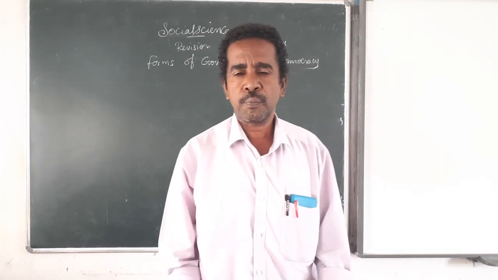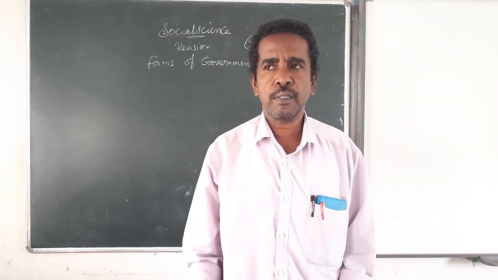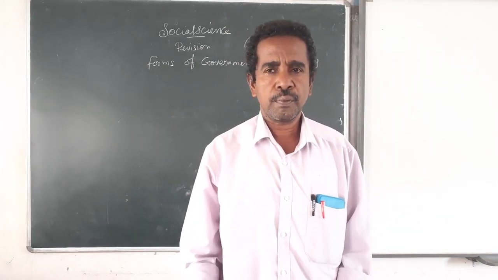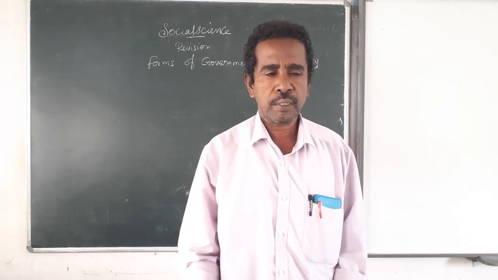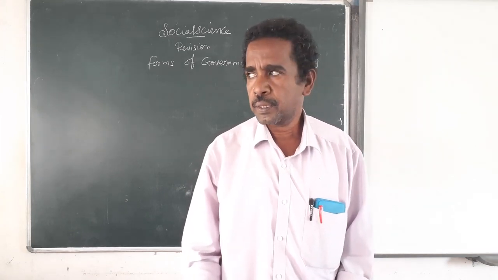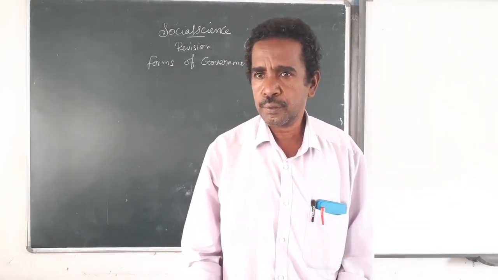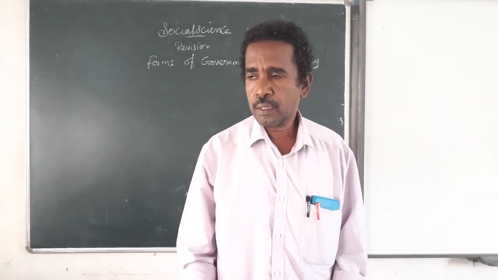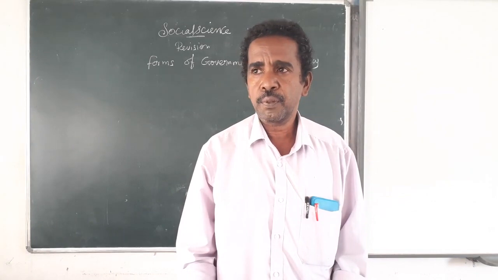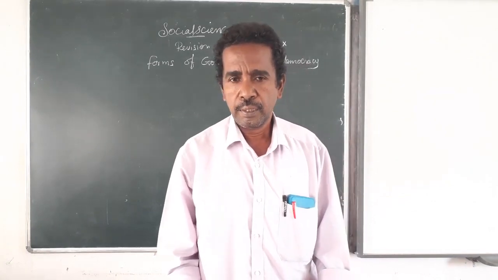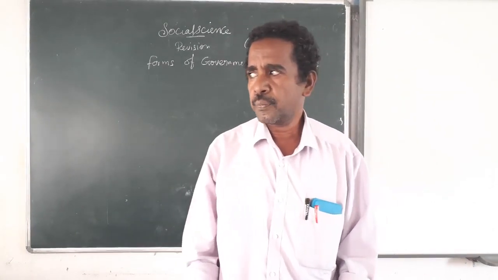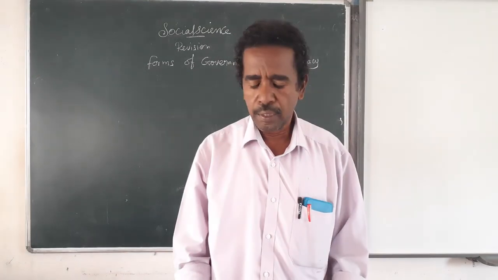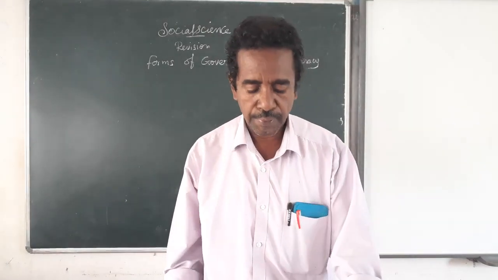Lok Sabha is a powerful house because all its members are elected by the people. Rajya Sabha is not as powerful because its members are not directly elected by the people, they are nominated.